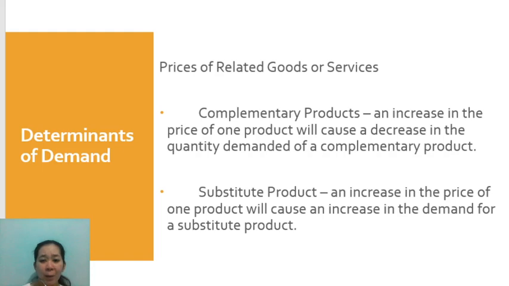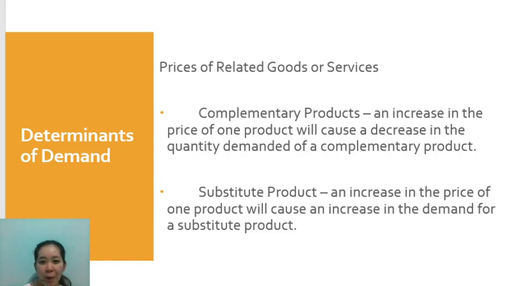When we say complementary product, these are products that can be paired with the primary product that you are consuming or purchasing. Here, an increase in the price of one product will cause a decrease in the quantity demanded for the complementary product. So why is this so?